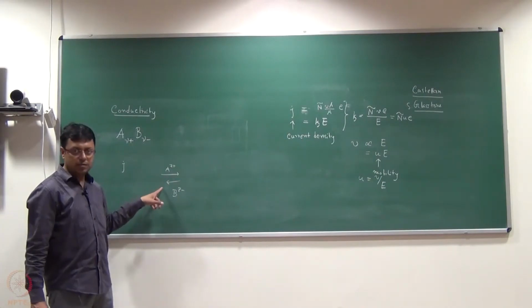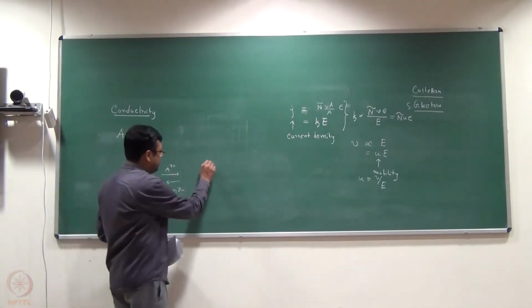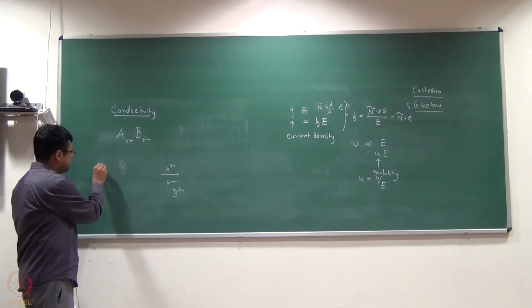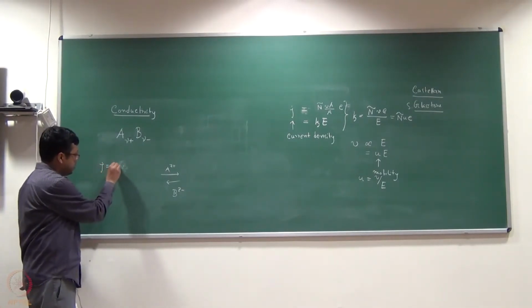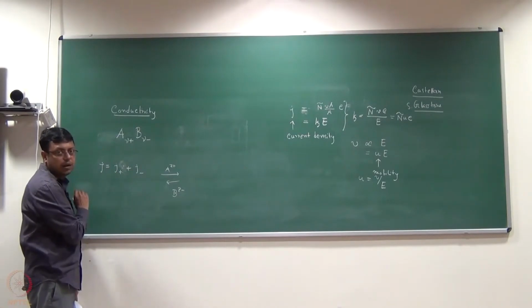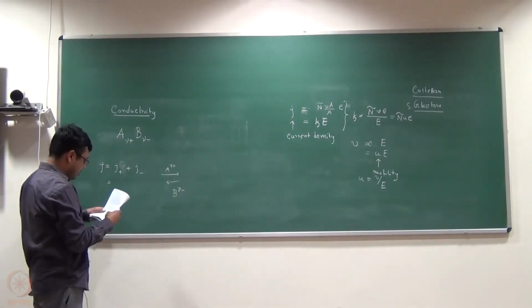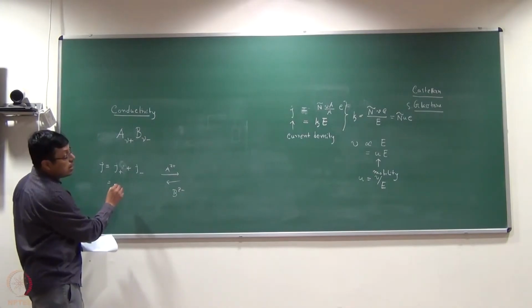For the anion, now, it is very interesting. So let me just write it first. Basically the current will be carried by cations plus it will be carried by the anions. For cations, I'll write the same way, as n+.